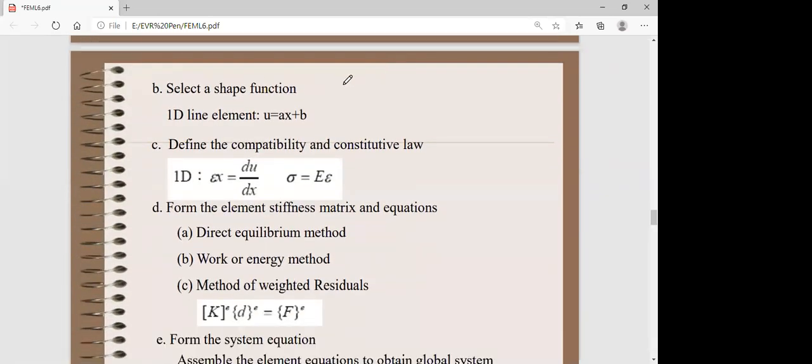Now we have to select a shape function. The shape function for a 1D line element is a linear polynomial function, u equals ax plus b.